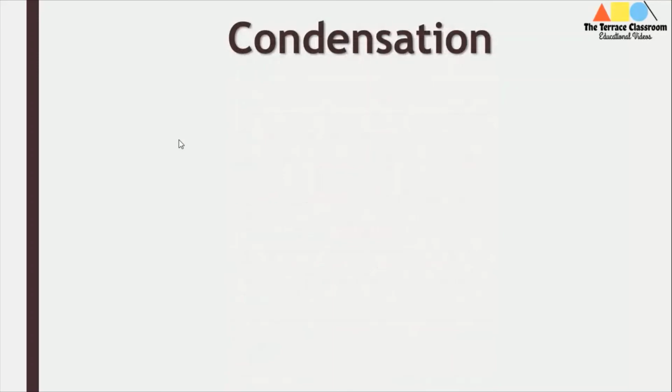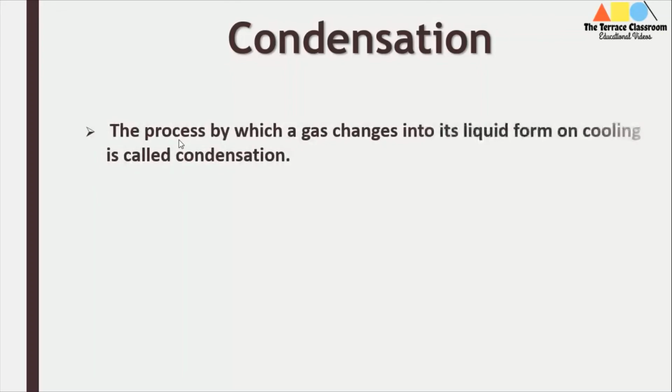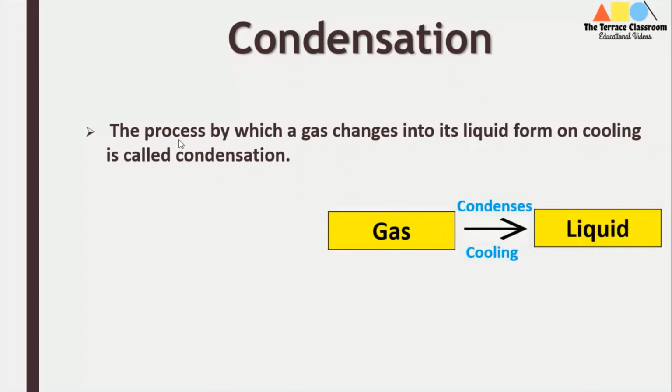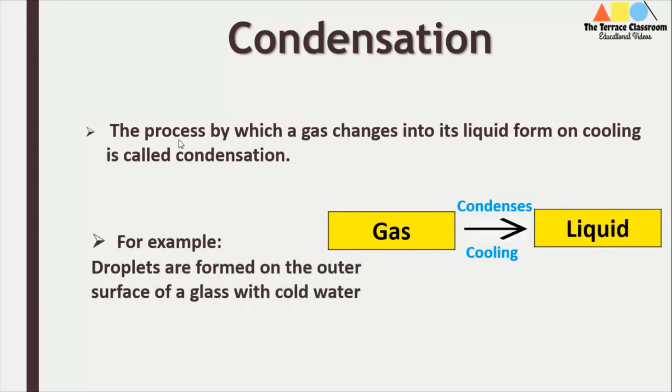Next, we will learn about the process of condensation. The process by which a gas changes into its liquid form on cooling is called condensation. For example, droplets are formed on the outer surface of a glass with cold water.